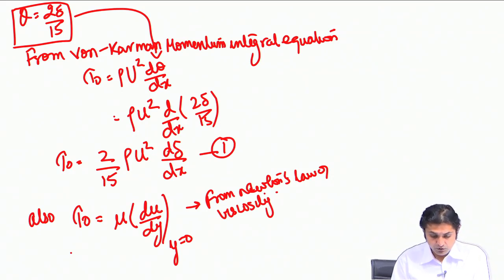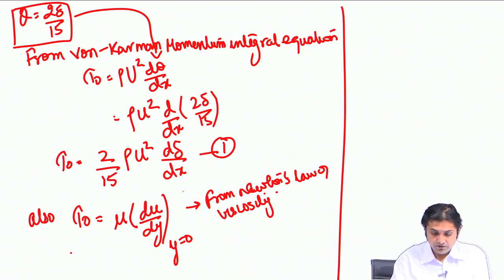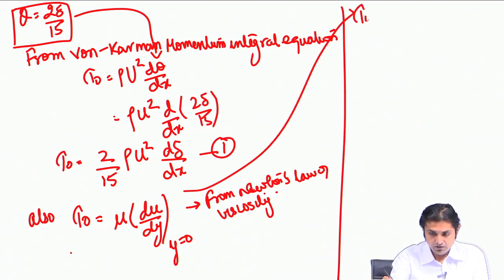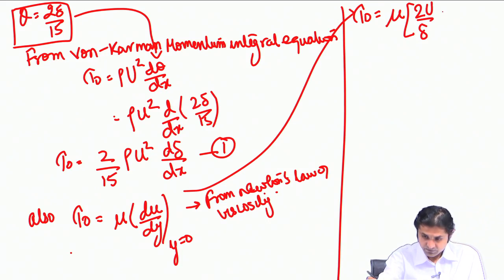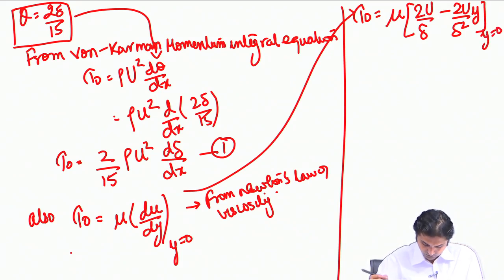If u by capital U was given in terms of y and delta, then tau naught can be written as mu times du by dy, so it will become 2 capital U by delta minus 2 U by delta square into y, at y is equal to 0.